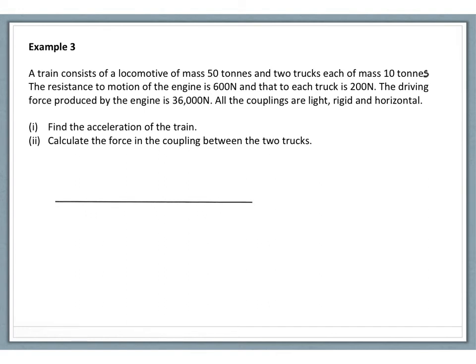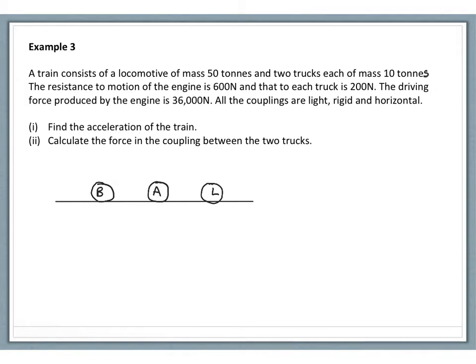So here is our horizontal road, and let's draw this system of connected particles. So we start off with the locomotive to begin with. We'll call that L. We then have a truck here, which we're not going to label as T because that will be confusing. We'll call that truck A. And then we have another truck here, which is truck B.